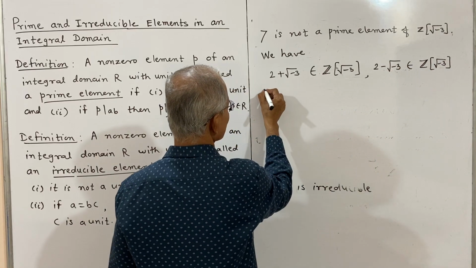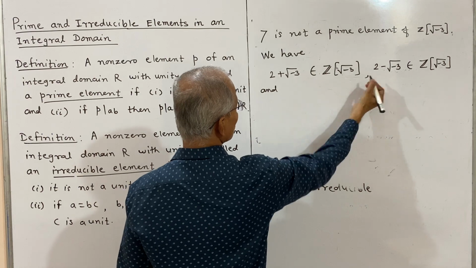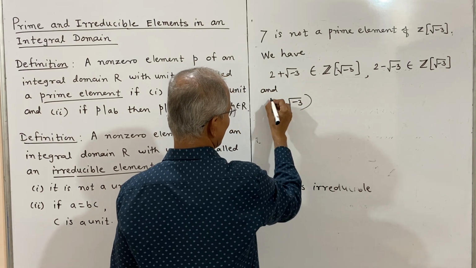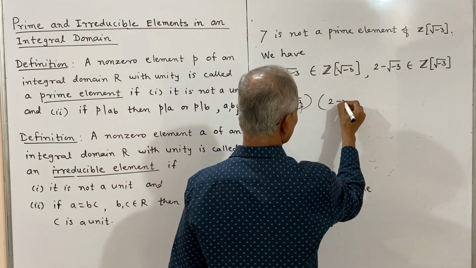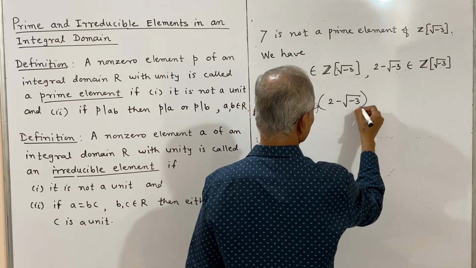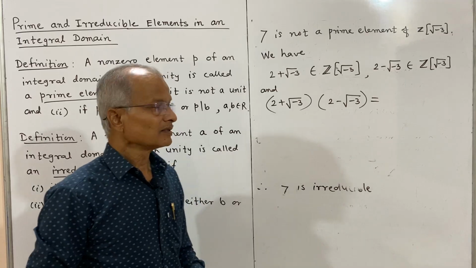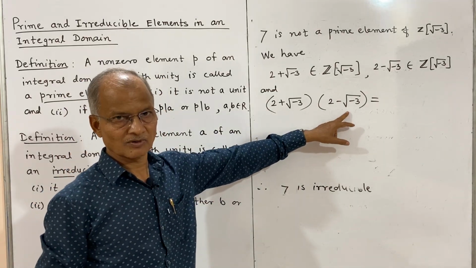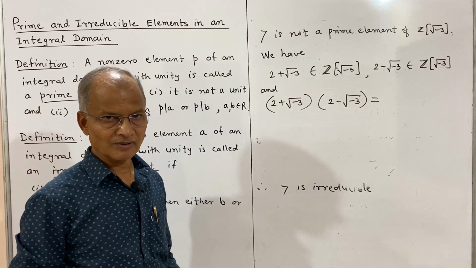And what is the product of these two elements? 2 plus under root -3 times 2 minus under root -3. This is just of the type A plus B, A minus B, and the product is A square minus B square.